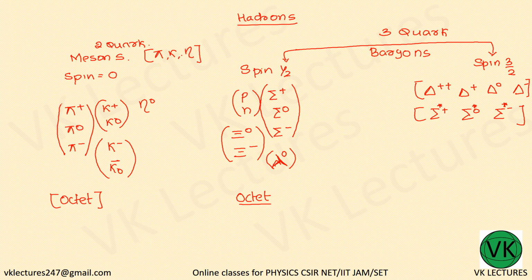So this corresponds to the group 2. Now cascade naught star and cascade minus star and omega minus. So this is the group 4. So since there are 10 particles, they form decuplet.